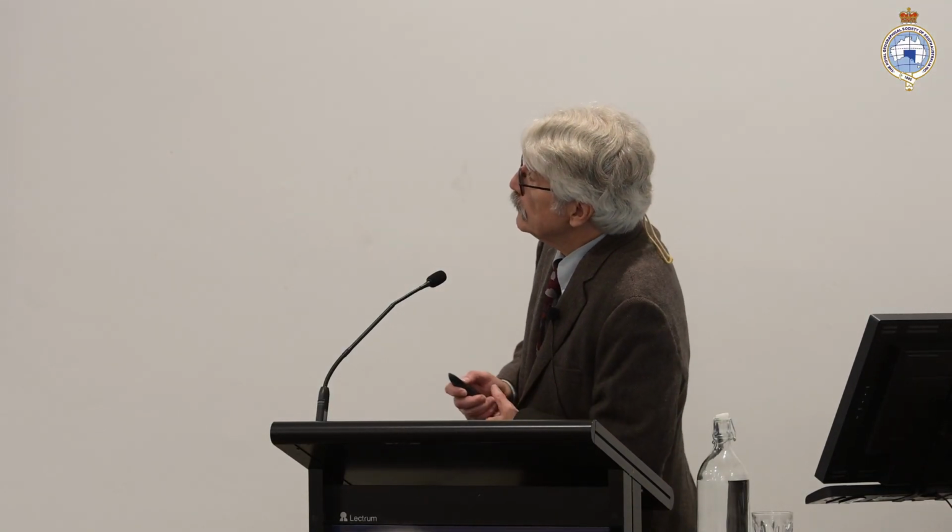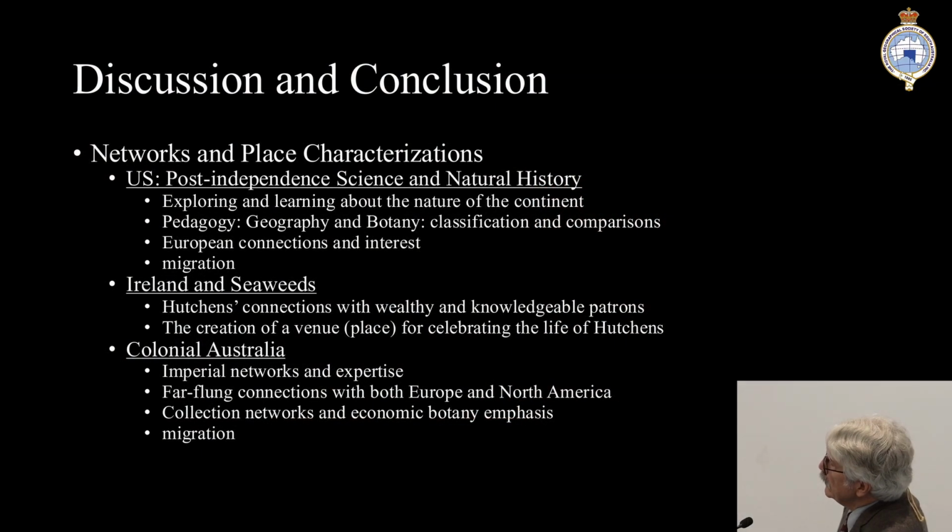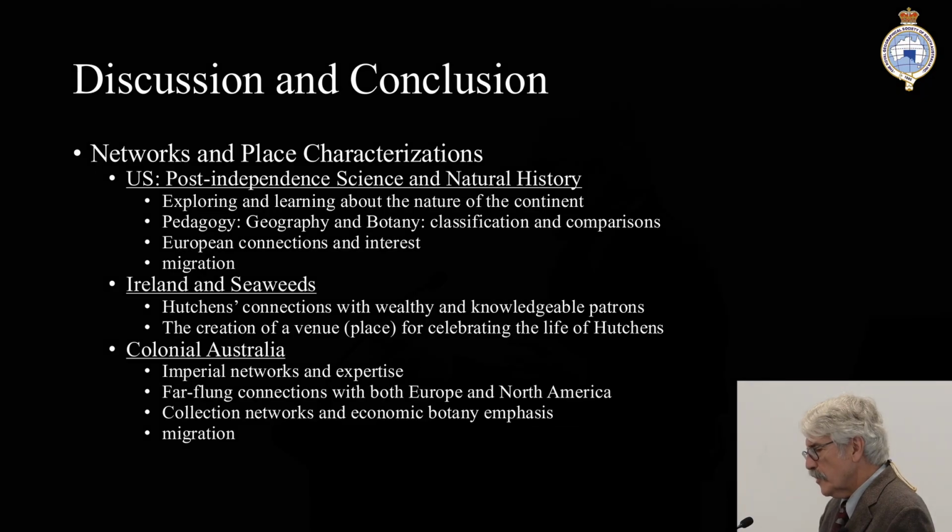And then, speeding up, I do here talk about post-independence science in the US. I've mentioned some of that already. Ireland and seaweeds is a very localized network, and then the colonial network is a collection of networks with an economic botany emphasis. They're very different from the US situation because it's based a lot on the imperial network, Britain and other networks in Europe.